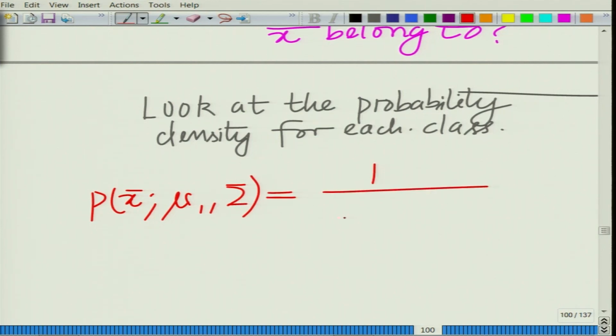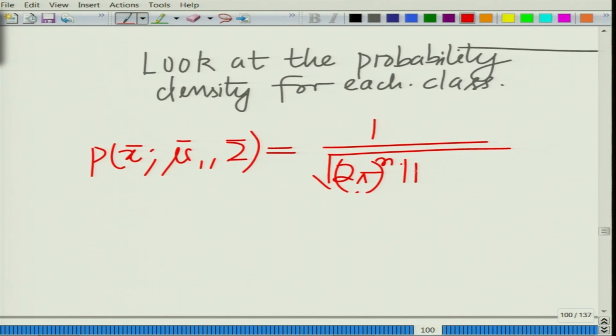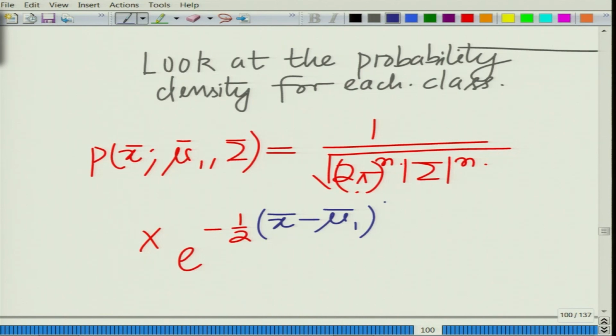This is the multivariate Gaussian probability density function with mean mu1 bar: 1 over the square root of (2 pi)^n times the determinant of sigma, the determinant of the covariance, times e raised to the power of minus half x bar minus mu1 bar transpose sigma inverse x bar minus mu1 bar.